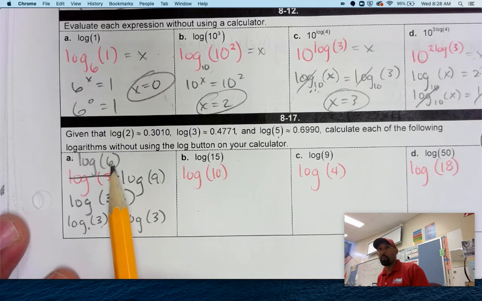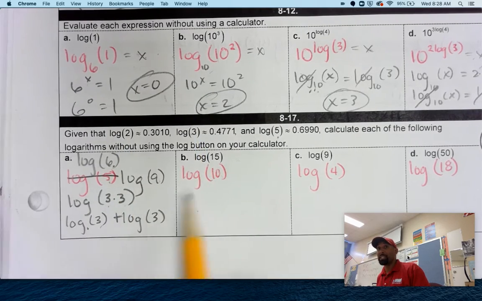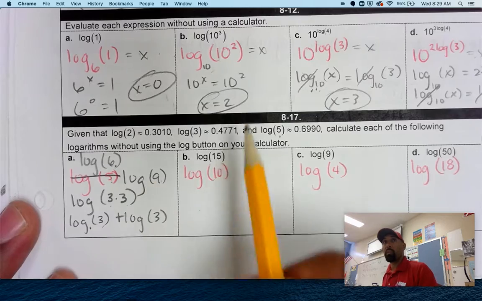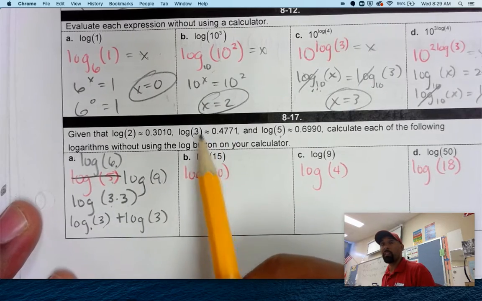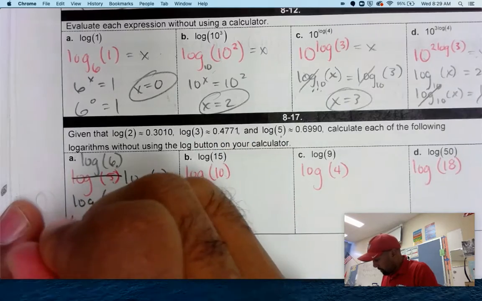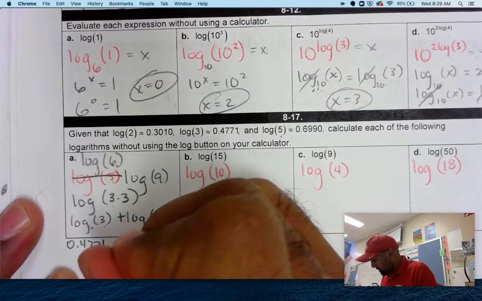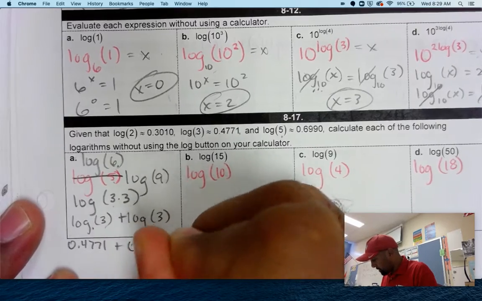Basically I take this number and split it into numbers that I know. Think about it: what could you multiply to get 6? I'll give you a hint: 2 times 3. What we've already done is calculate the log of 3, which is 0.4771, and this is going to be the same because it's also 3.